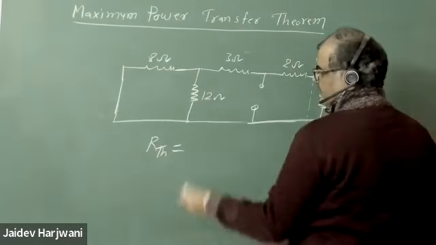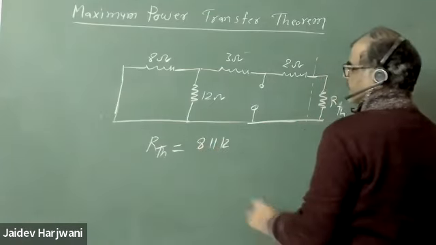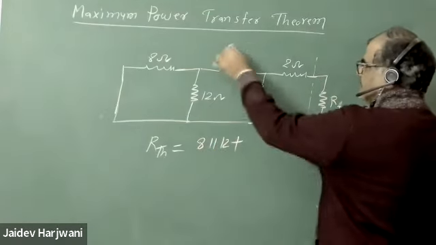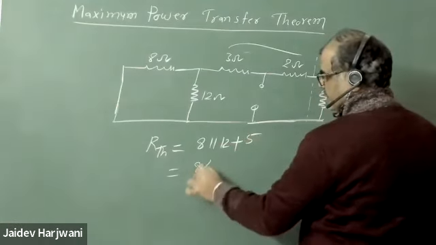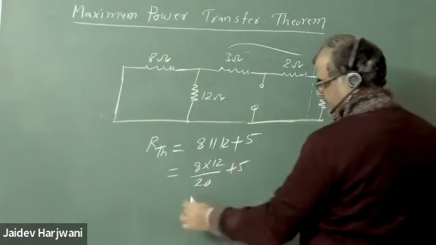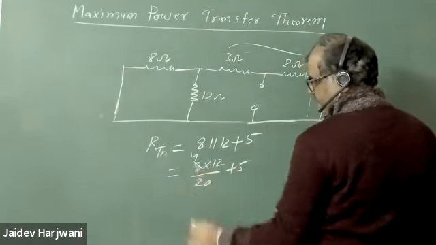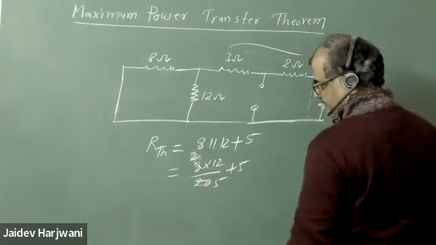These are in parallel, so you can write 8 ohm parallel to 12 ohm, and these are in series, this will be 5, so 8 into 12, 20 plus 5.